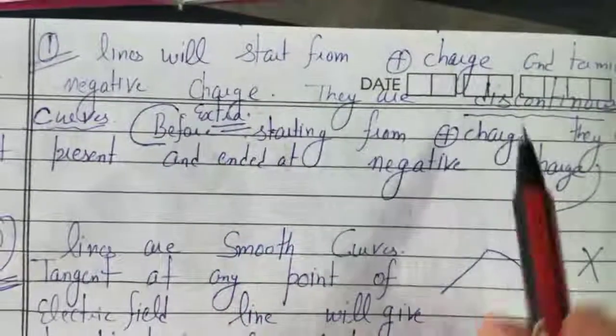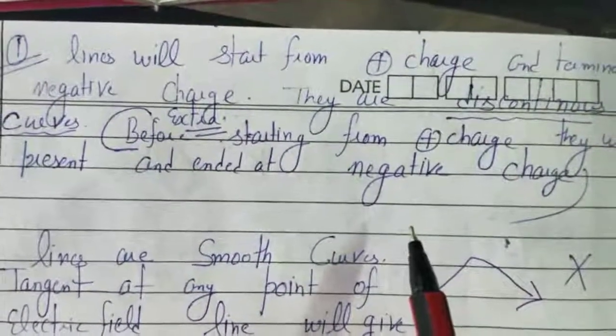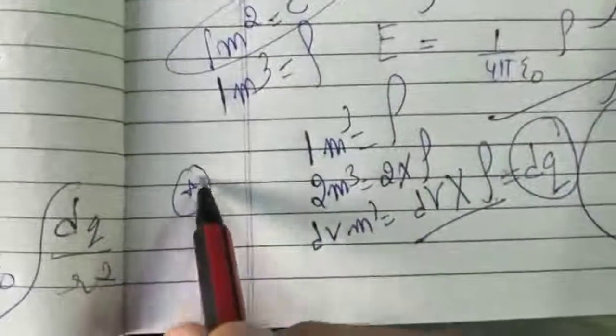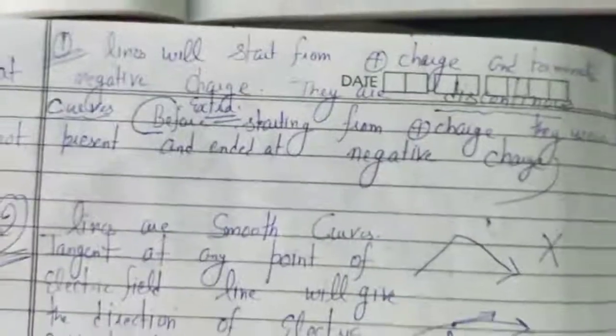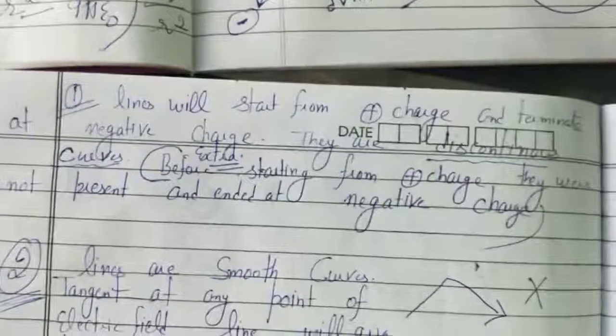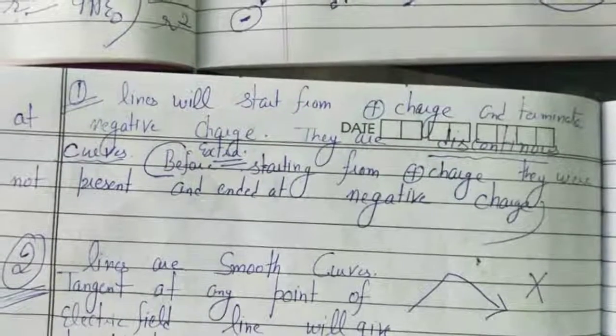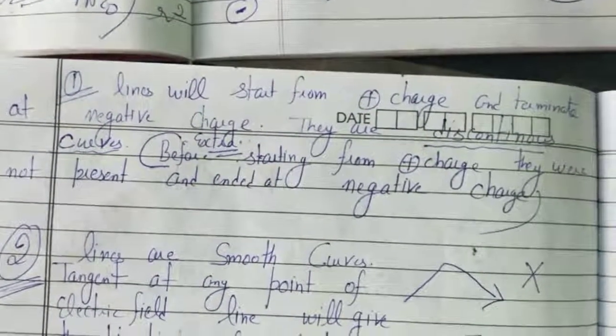They are discontinuous curves. What do we mean by discontinuous curves? That means before starting from the positive charge they were not present, and after ending at the negative charge they were not present. So the first characteristic is: start from positive charge, end at negative charge, discontinuous curves.